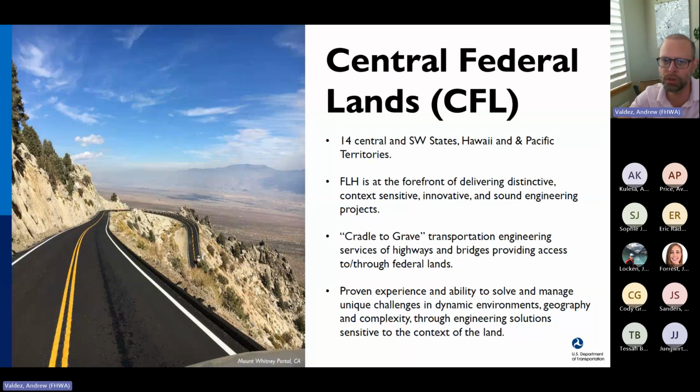Just a little bit more about Central. As you saw on the map, we have 14 states in our territory, including Hawaii and some Pacific territories.